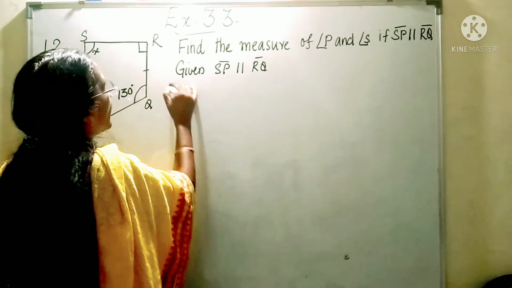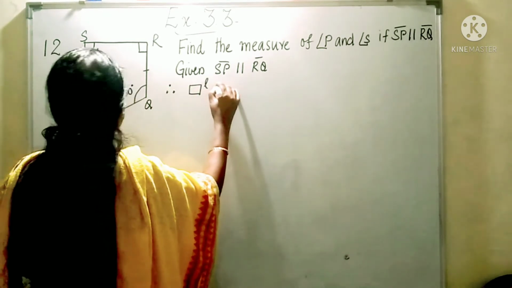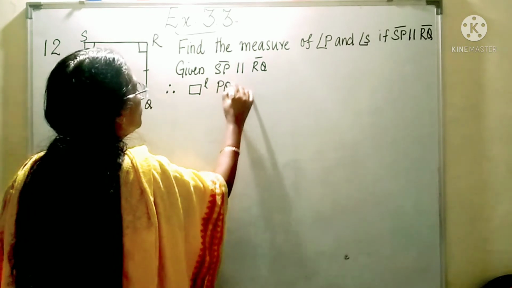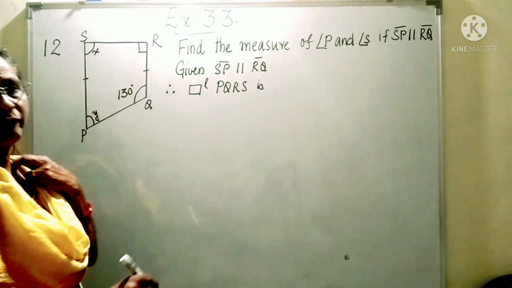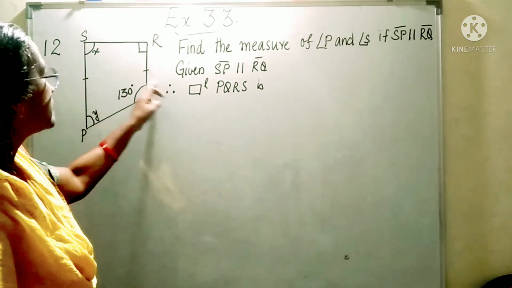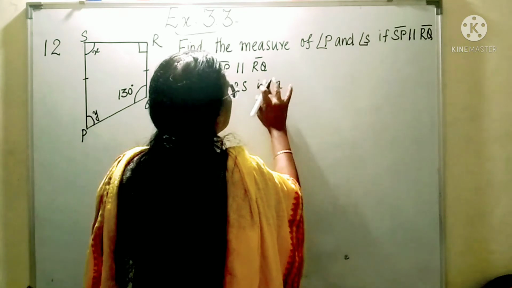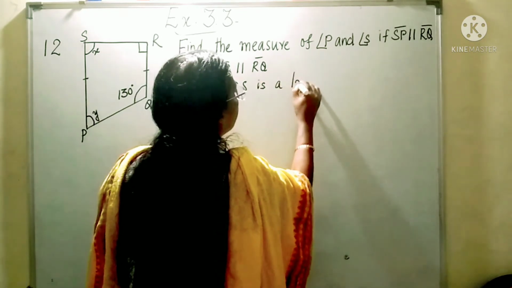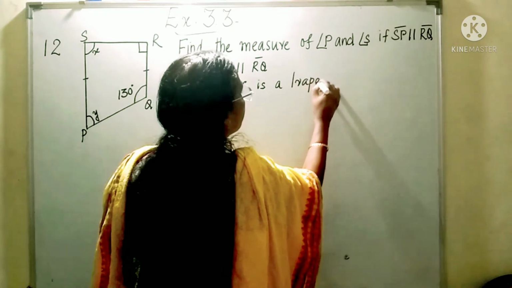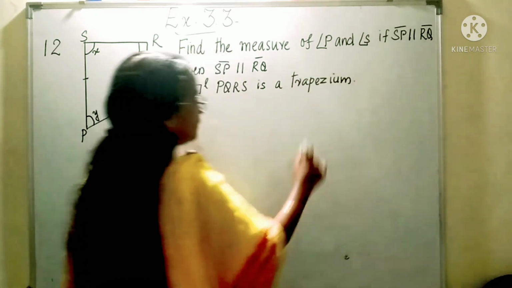Therefore, quadrilateral PQRS is, what is it? If two opposite sides are parallel, so it is a trapezium.